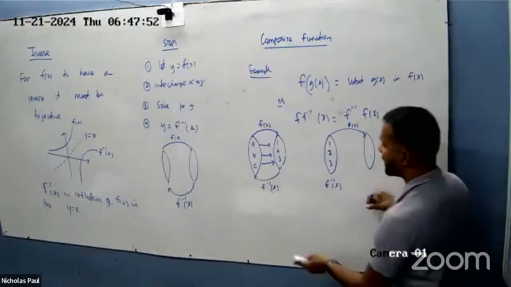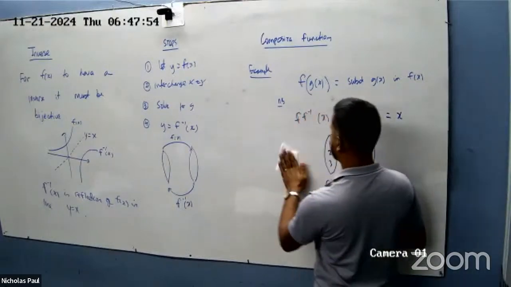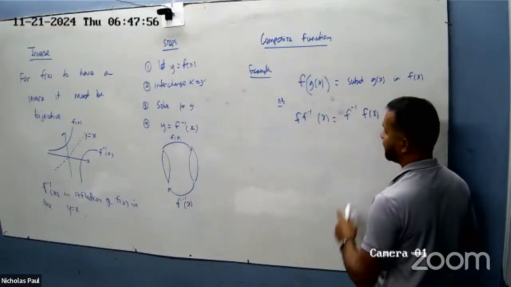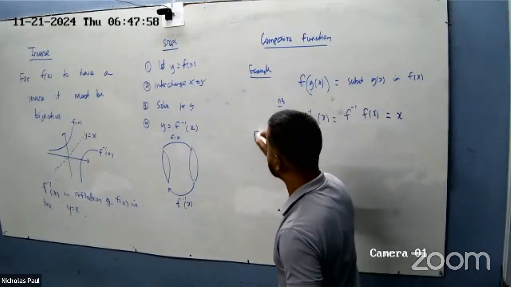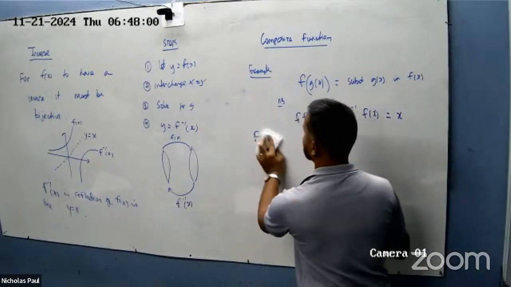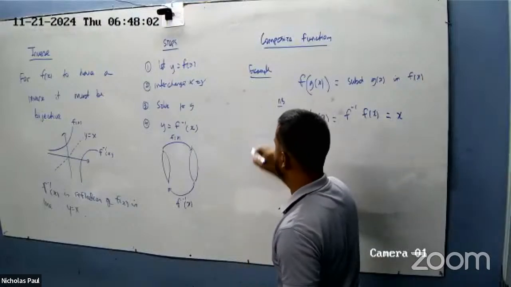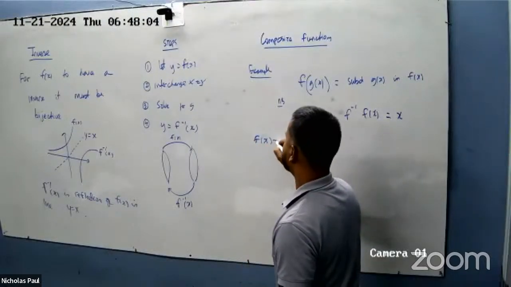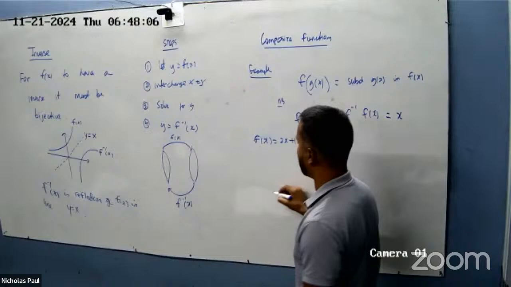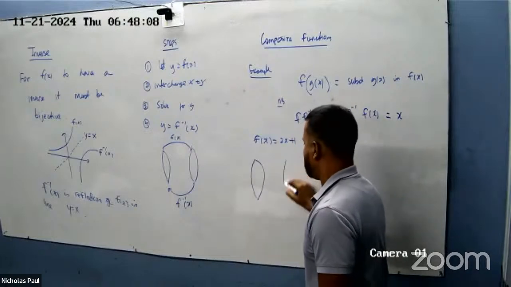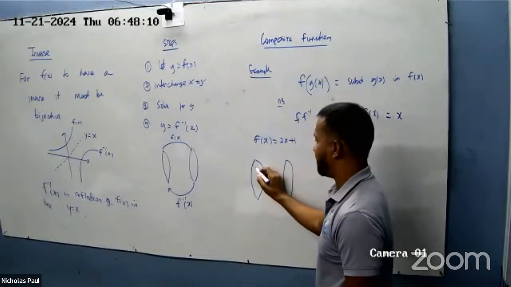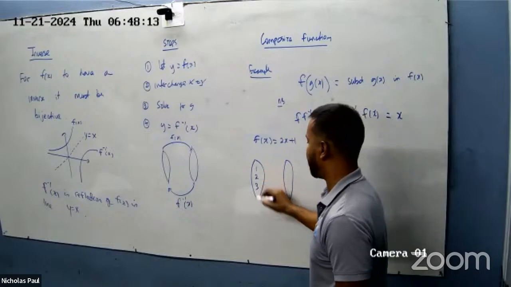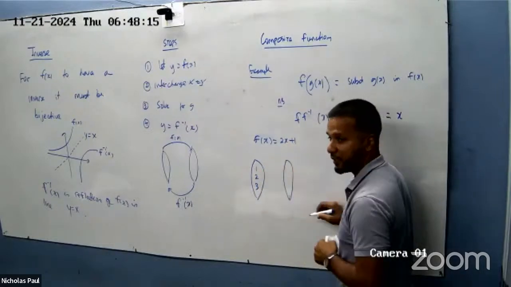What I should do is use real numbers. Let's take a real function, f of x is equal to 2x plus 1. Let's take the values 1, 2, 3. When I take 1 and put it in there, what will I get?